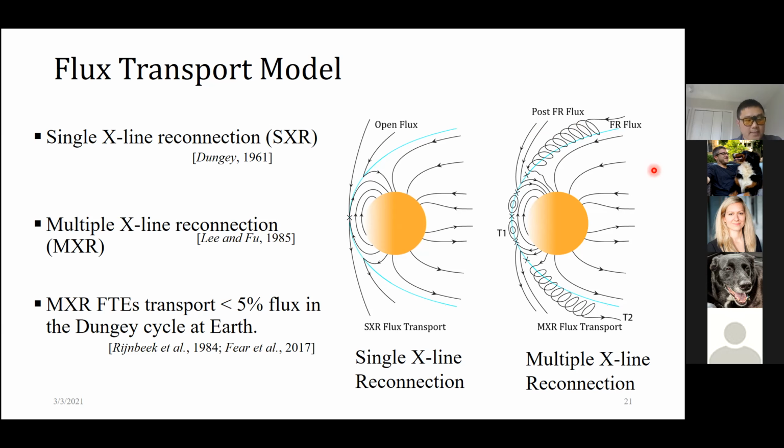There have been many studies on how large an amount of magnetic flux is transported by flux transfer events in Earth's magnetosphere. I think most of the studies show that multiple X-line reconnection flux transfer events transport only less than 5% of the flux for the flux circulation during the Dungey cycle in Earth's magnetosphere.